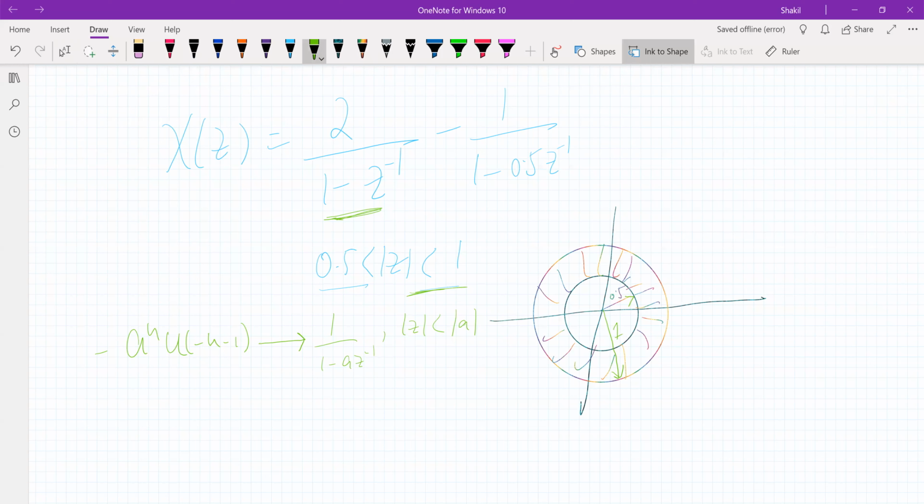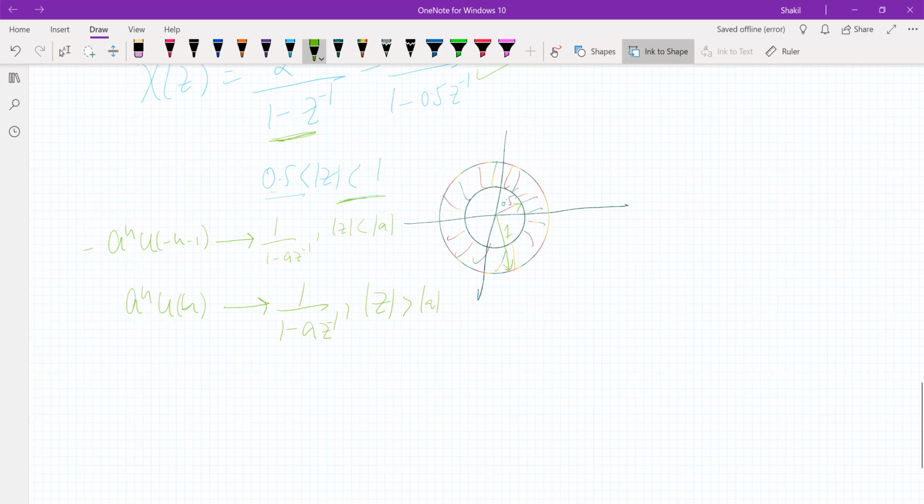And for the other part, we know the Z transform of a raised power n u of n is simply 1 by 1 minus a z inverse when |z| is greater than magnitude of a. And a this time is 0.5, and that is satisfied by this one. So you can write the inverse Z transform of this directly.